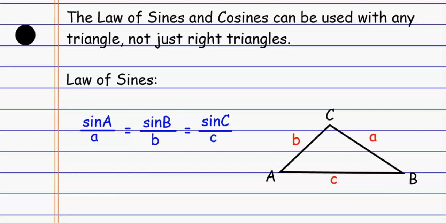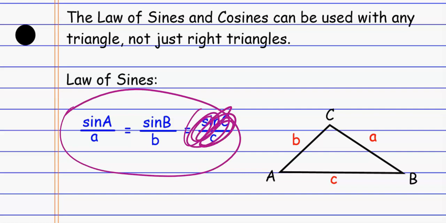But again, it's just a proportion between the sine of any angle and its opposite side. We won't typically use it in this fashion. We'll only have two of these things when we go to solve. Depending on what information is given, I might have the sine of one angle over its opposite side equals the sine of some other angle over its opposite side, and then I can cross multiply and solve for the missing piece.